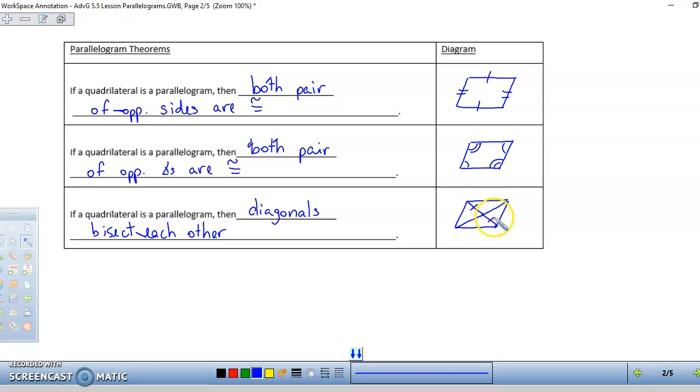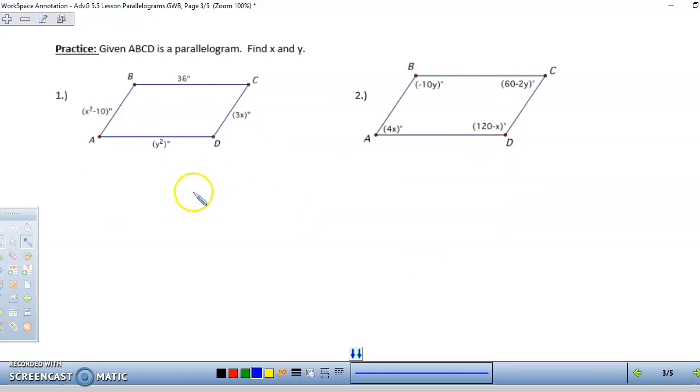And then you can also mark that these two smaller segments here are congruent and these two smaller segments here are congruent. Okay, using those properties, again, you need to make sure that you know the shape is a parallelogram before you use any of those properties. But obviously, these should be fairly straightforward.